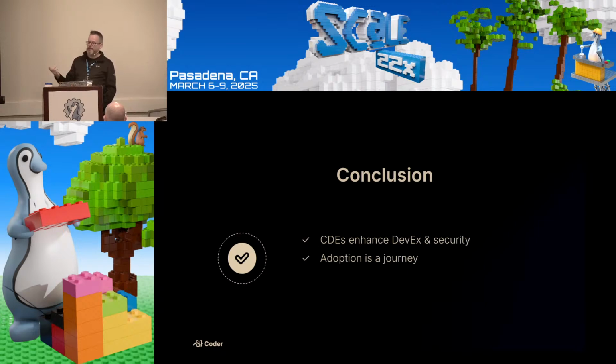You're constantly going to be iterating even after you've hit stage 4. And CDEs are a strategic differentiator. If you can hire somebody from a top school, have them come in on their first day, and they're writing code and committing immediately, they're going to stick around, right? They're not going to get frustrated and walk out the door.